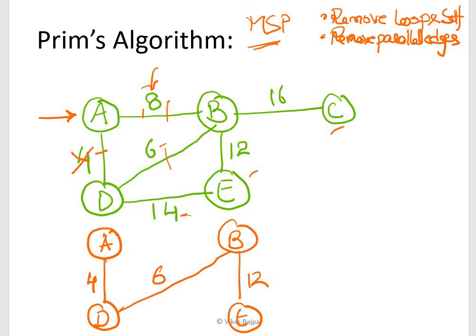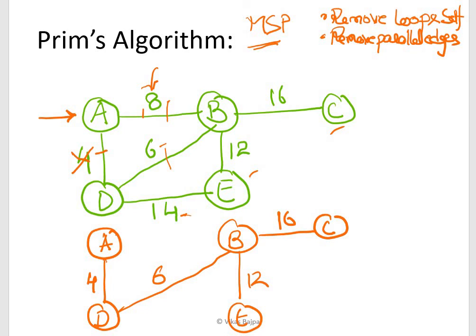I am only left with the previous one and these are the only options. Now the next one will obviously be this one with 16. So that's the only possible minimum spanning tree.